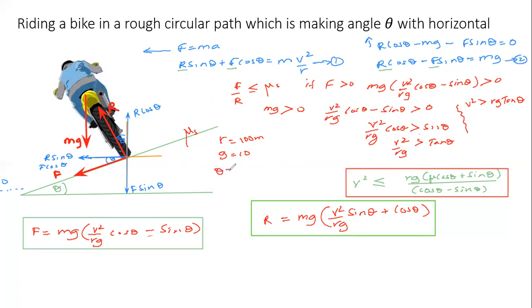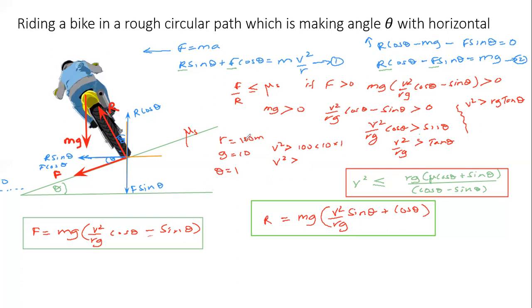Suppose theta is 45 degrees, then v squared should be greater than r, 100, into 10 into 1.